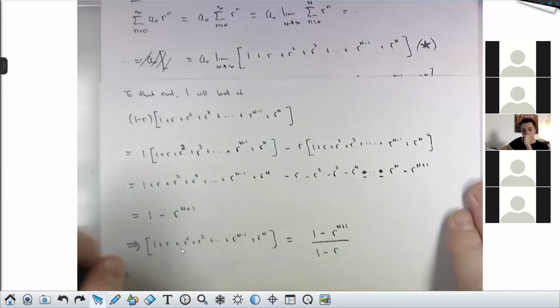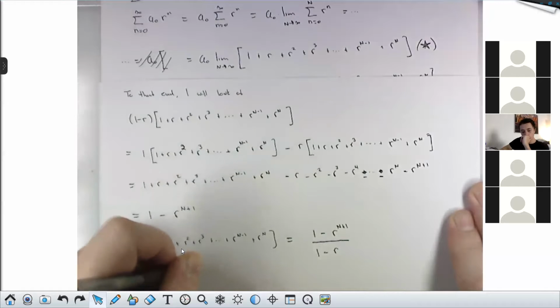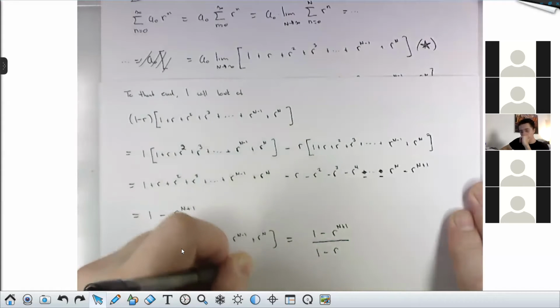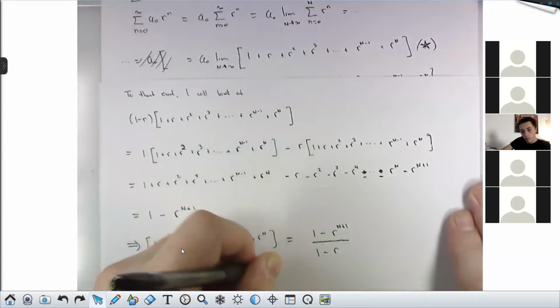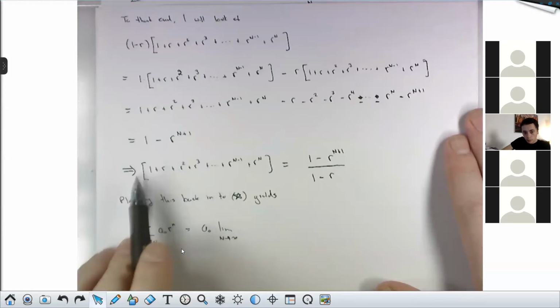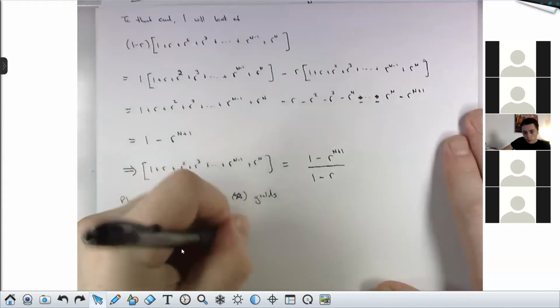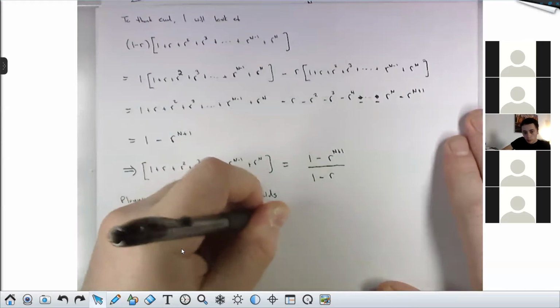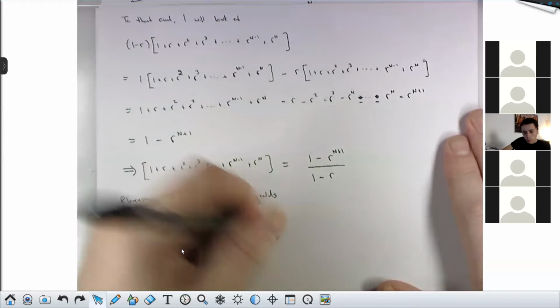And plugging this back into star, that yields the sum from n equals 0 to infinity of a naught r to the n equals a naught times the limit as n goes to infinity of this thing, which is this thing, (1 minus r to the n plus 1) over (1 minus r).